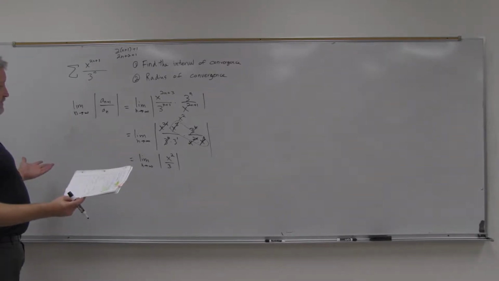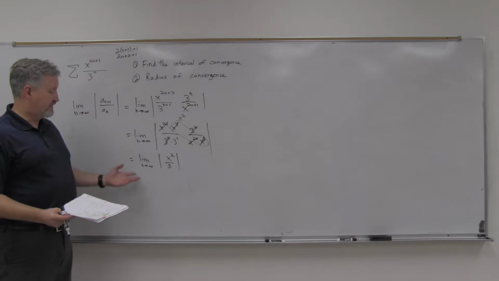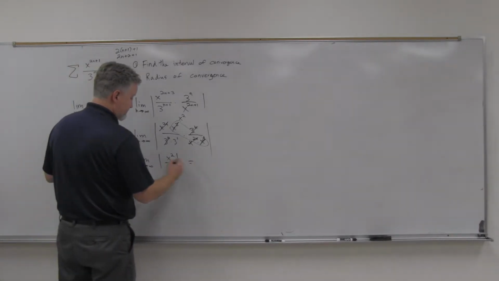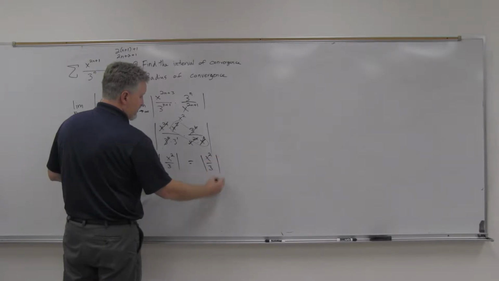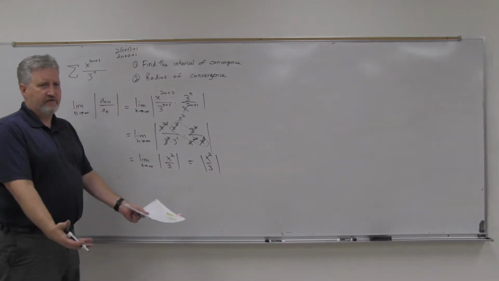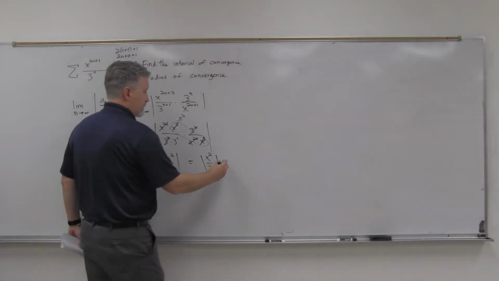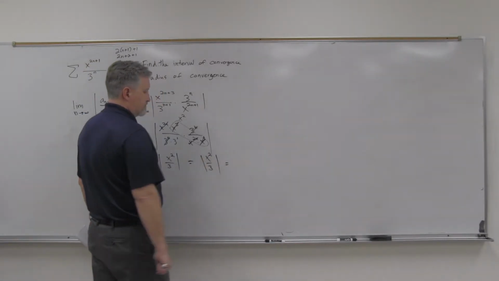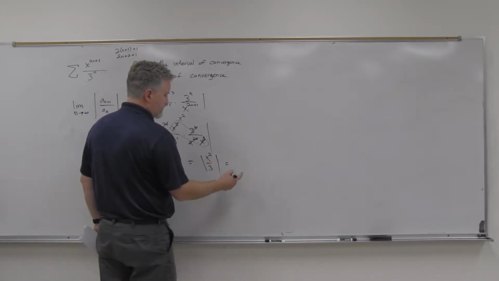Yeah, as n goes to infinity, we don't have any n's to run to infinity, so the limit of that is just the absolute value of x squared over 3. And it being x squared, we're talking real numbers, and so the absolute value doesn't really add anything, since we're squaring the x.